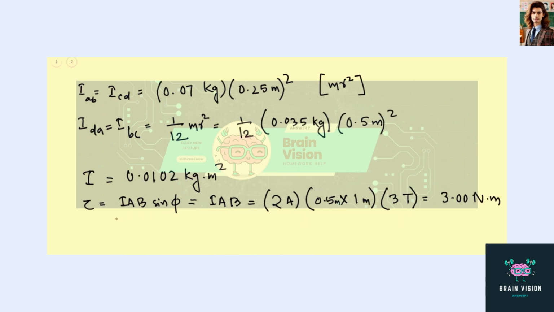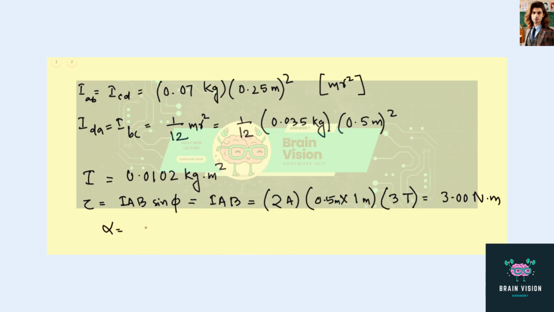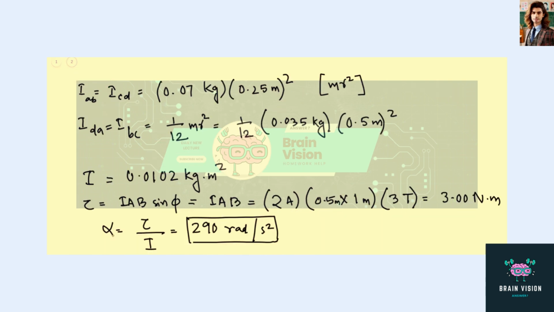Now alpha will be equal to the torque that we calculated over the moment of inertia that we found here, and we get that value to be 290 radian per second square. But note that this angular acceleration will keep changing and will not continue, because the torque changes as the coil starts turning. So after that, this will also change.